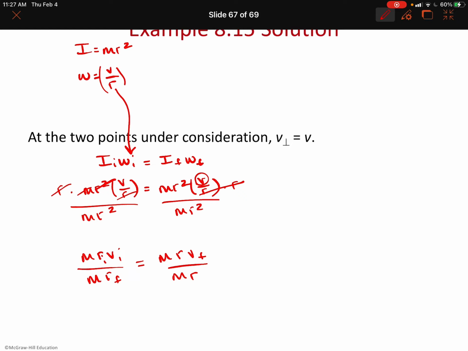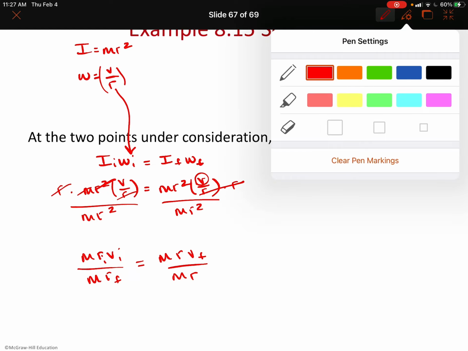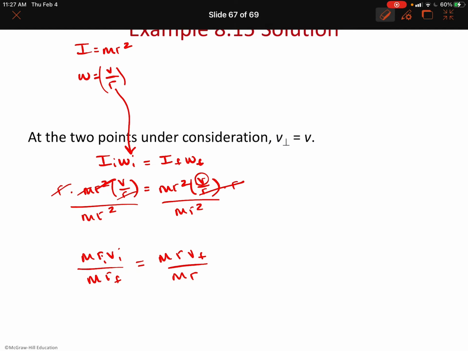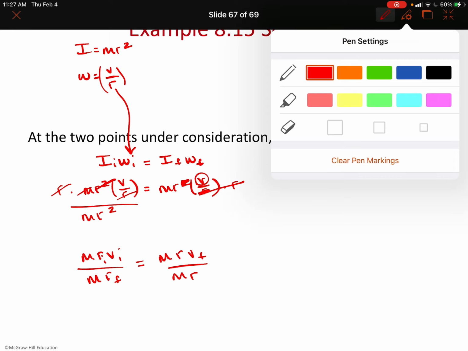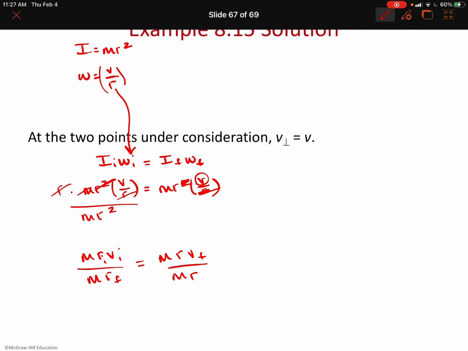Yeah, so look at this again really quick. This is where it is messing up here. See this radius right here? It cancels one of those. So take that out, and then take that out.